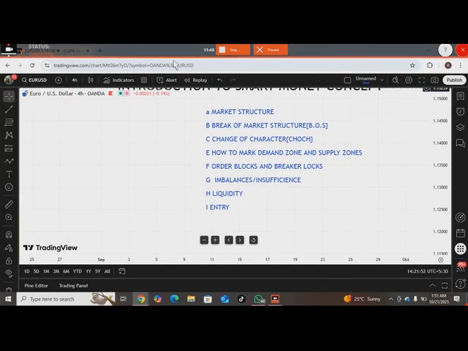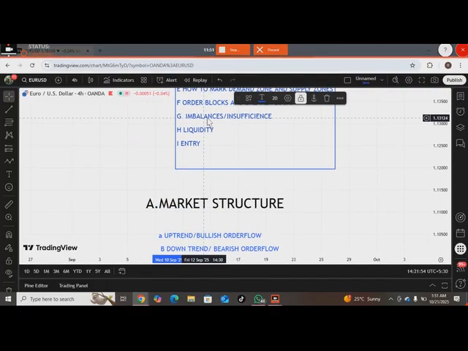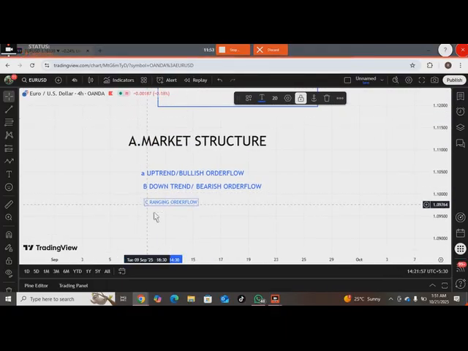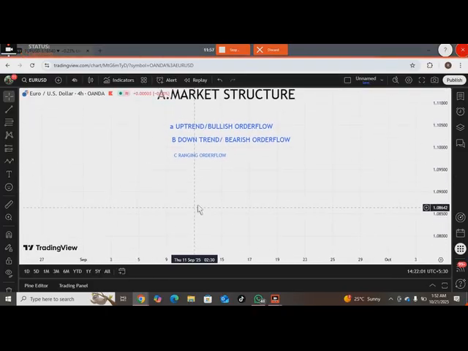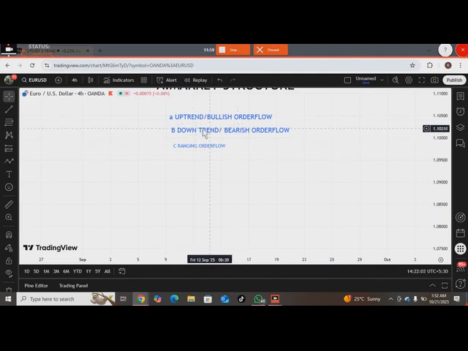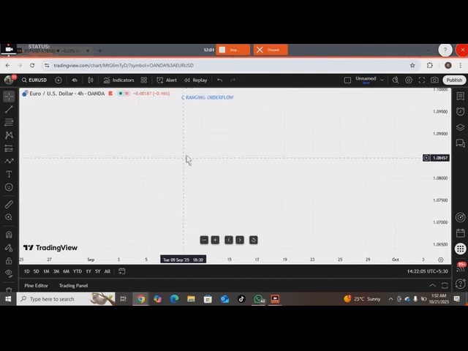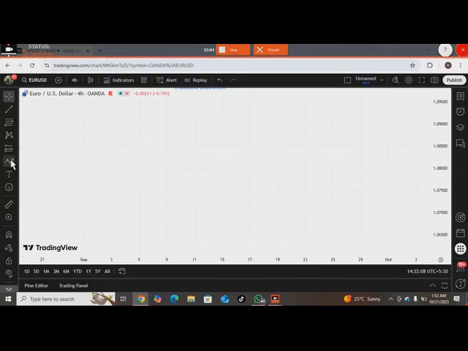Now let us see another market structure, downtrend. We're going to see the downtrend, our bearish order flow, and how it looks. Now let us draw.